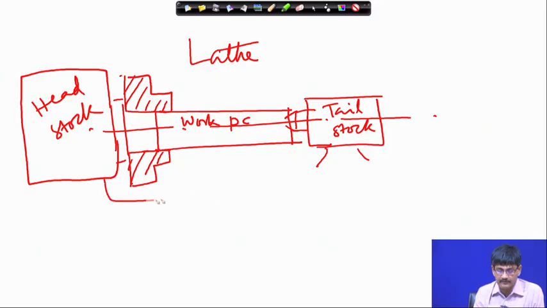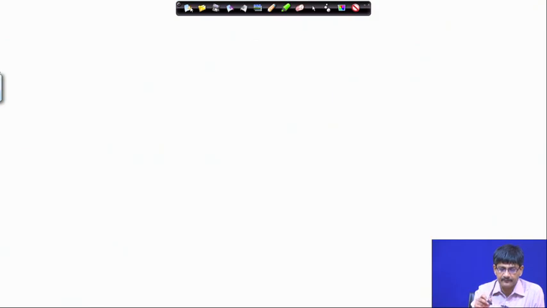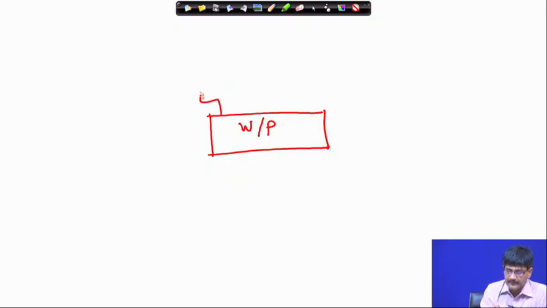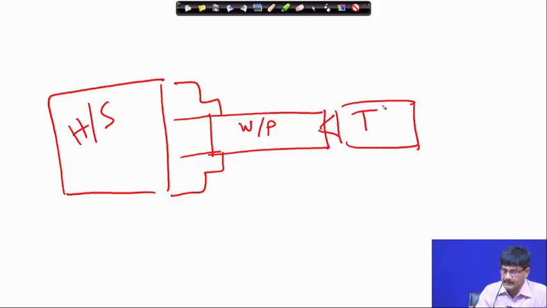And where does the tool figure? The tool is brought in. I am drawing it, sorry. I will just repeat those: workpiece, work holding device, headstock, tailstock, and the basic body of the machine, the lathe bed.